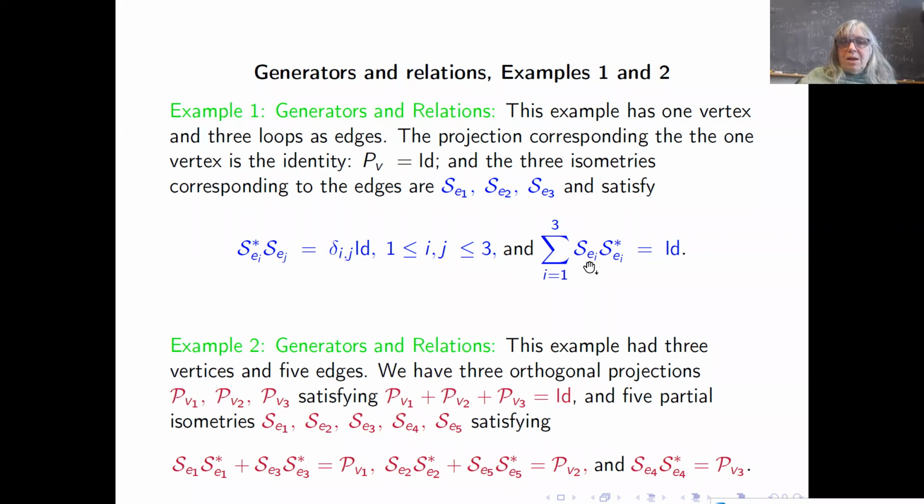And then when you sum S_ei S_ei star from i equal 1 to 3, you get the identity. Of course, this is just O3.